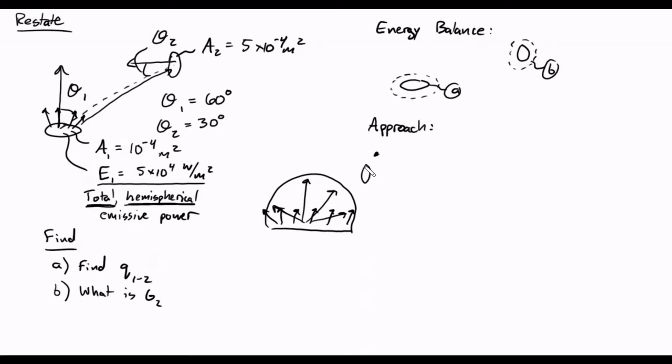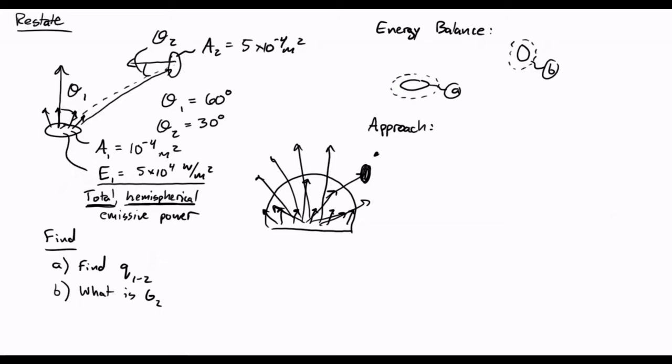So when we've got surface 2 over here, not all of the energy leaving surface 1 is going to hit surface 2. Almost all of it is going to miss and go a different direction. So sure, we know how much is leaving surface 1 per unit area, but we don't know how much is hitting surface 2. So we're going to have to figure out how to do that.